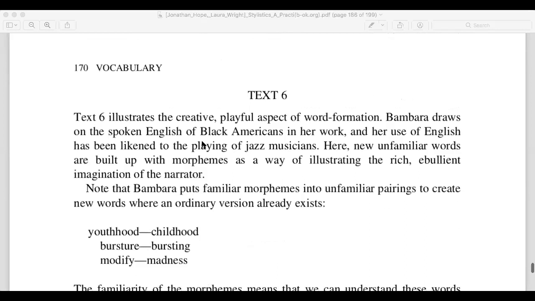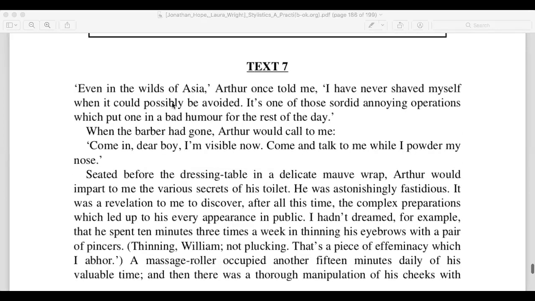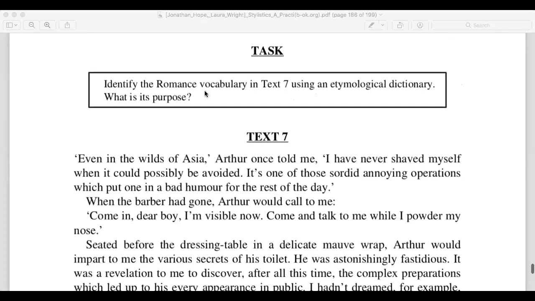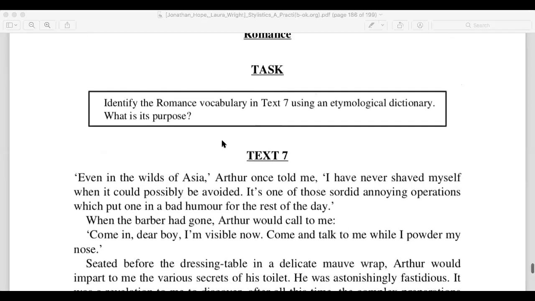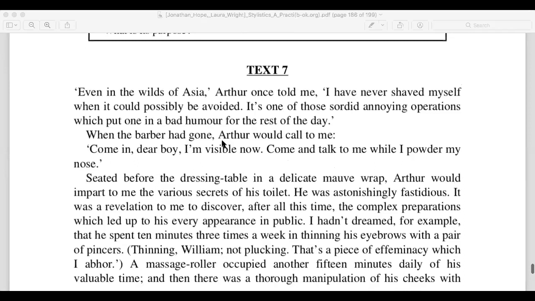So now, we are not doing this romance vocabulary, I've already told you, because we need an etymological dictionary for it, and oftentimes we cannot differentiate which word is coming from which language, whether it's from old English or the newer English. If you're interested in this, you can read it, but I'm not doing this romance vocabulary right now.